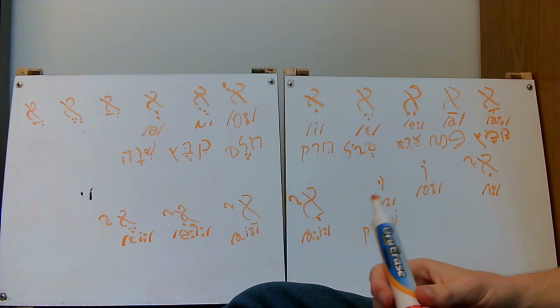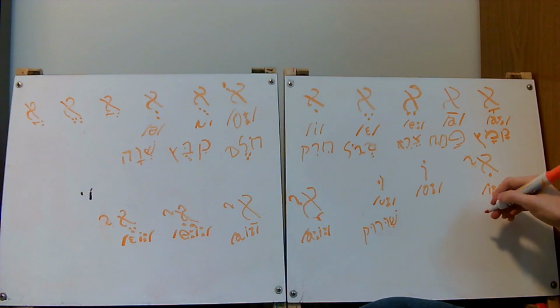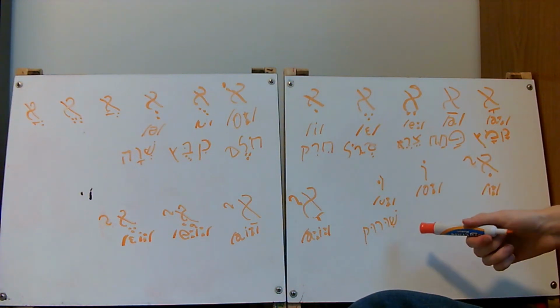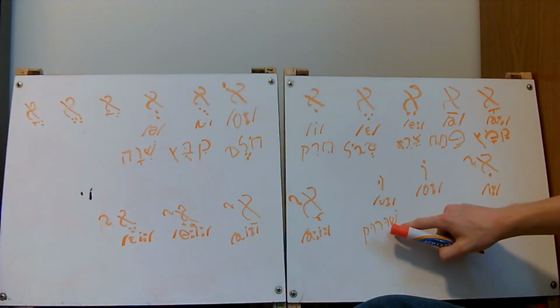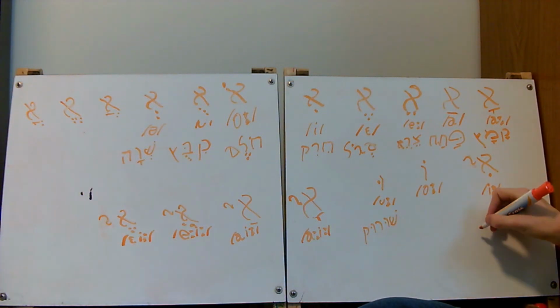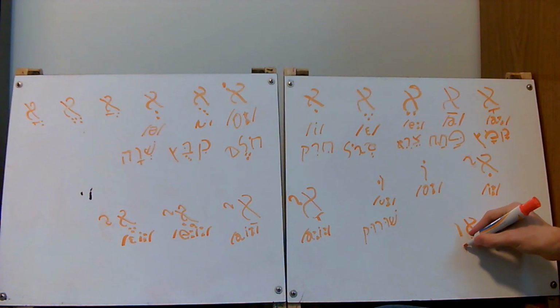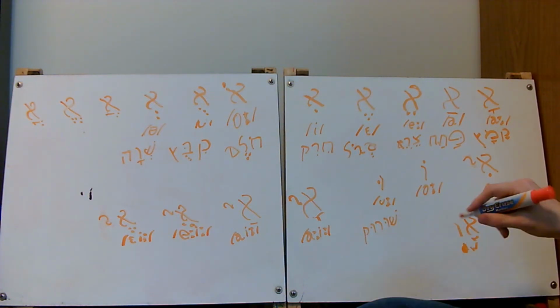But some things can also diphthong into wow. Not shuruk or cholam wow, but just wow itself. We can have owl, which is like ah.